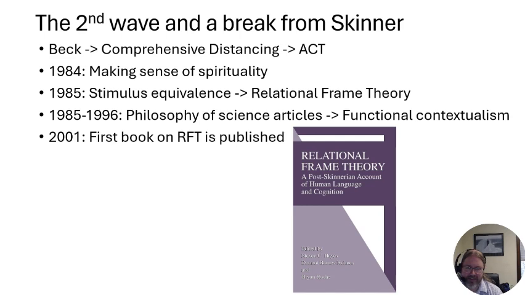Then around 1985, Steve Hayes gets excited about the phenomena of stimulus equivalence, which had been discovered in the 70s. And he has this idea that we could consider that operant behavior, and that becomes relational frame theory.